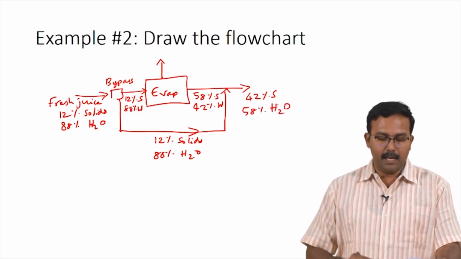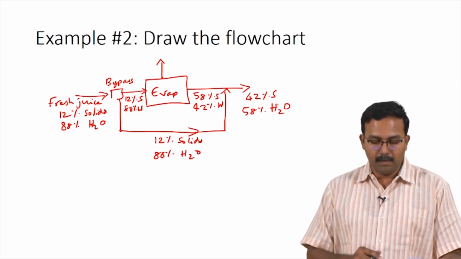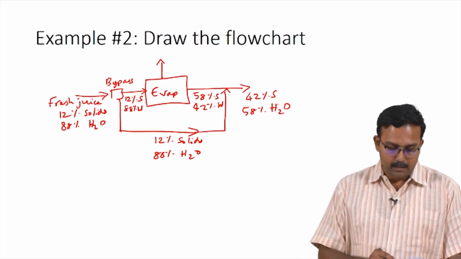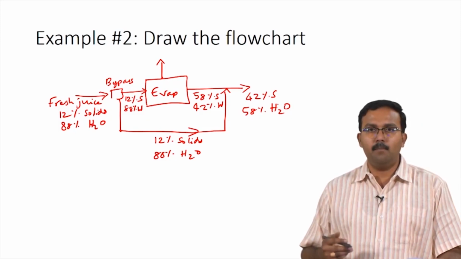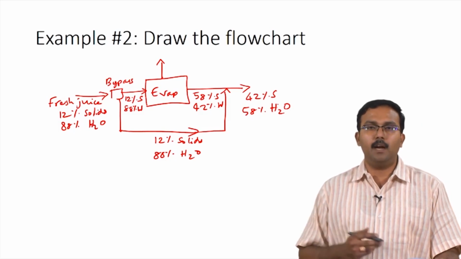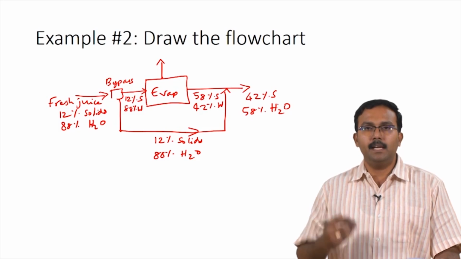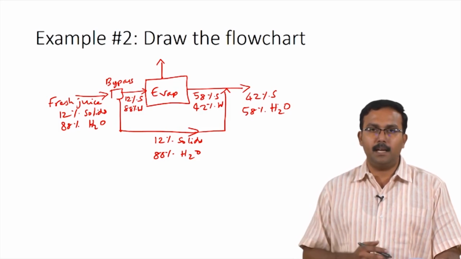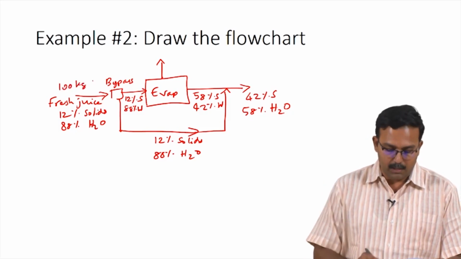So, now that we have all the compositions, let us also label the masses for these flow charts. So, the problem states that we have to calculate the amount of product which is produced for 100 kilograms of fresh juice which is being fed. Hence, we will be using the basis as 100 kilograms and we will use this stream entering as also 100 kilograms.